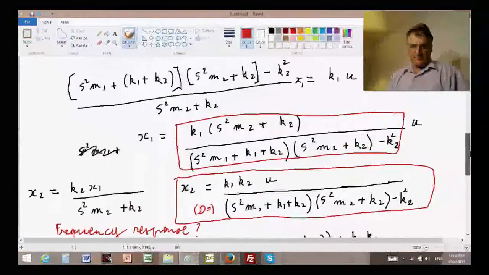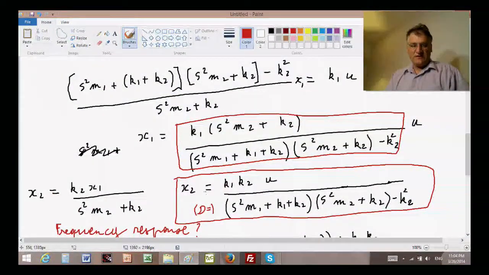Now, what we see is that x2 doesn't exhibit any other behavior than that.